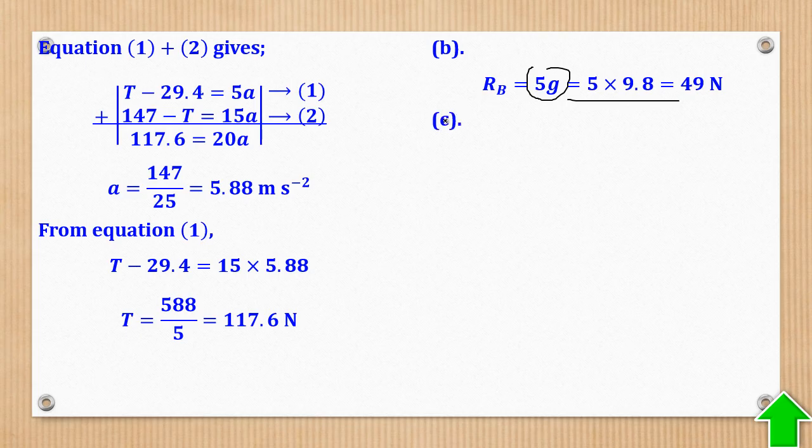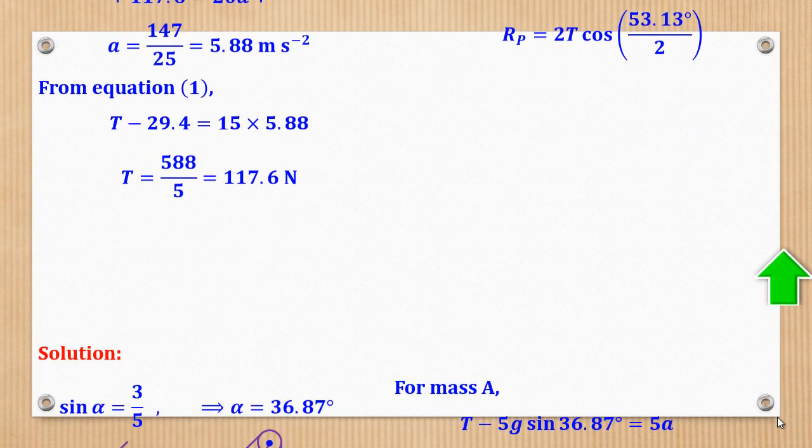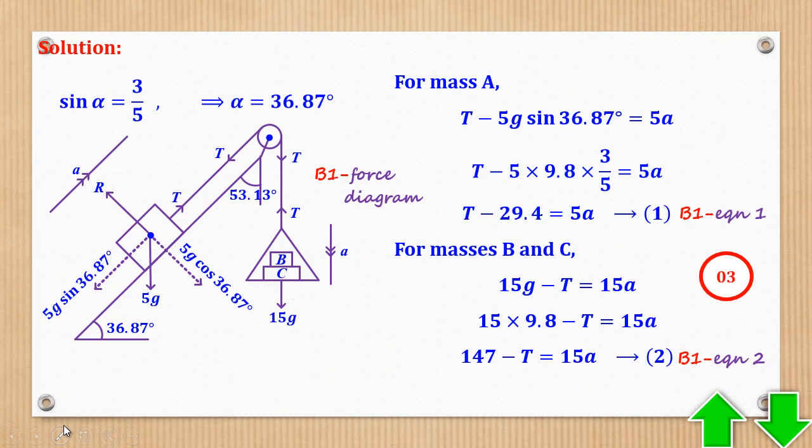Then part C, the reaction at the pulley, the fixed pulley. It will be 2T cos half the angle. Let's go back to the diagram and understand it. Because these forces are the same, it implies that the reaction is along the line of symmetry.